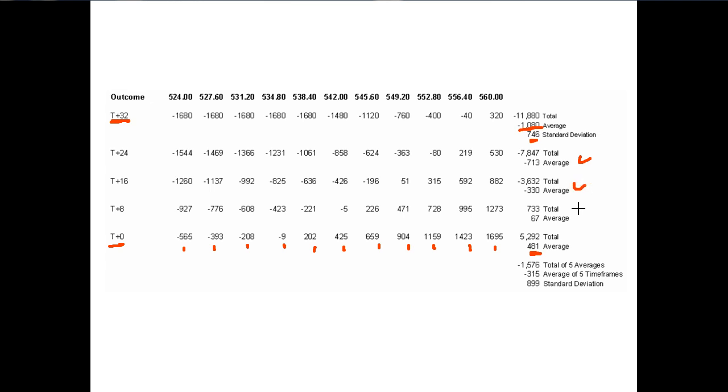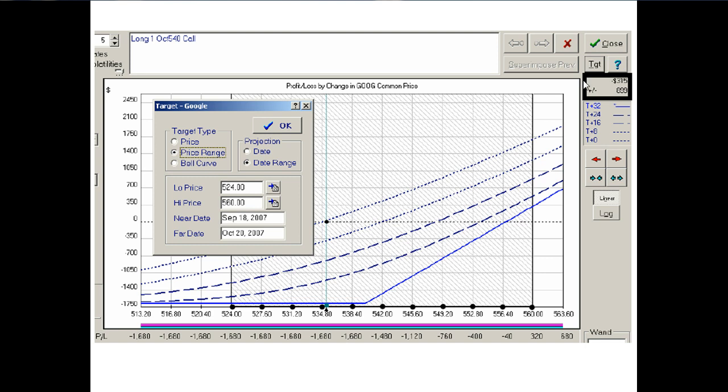I did it for each of these other 3 dates, and when I then put in the average of all 5 of those averages, here's what I got: minus 315, 899 deviation. Pretty amazing, huh? Came out exactly right. Just pegged it.